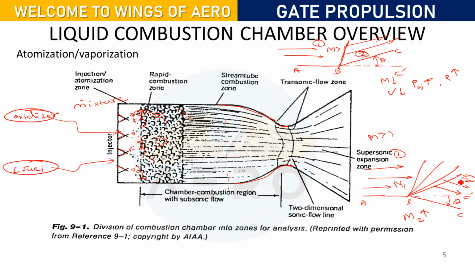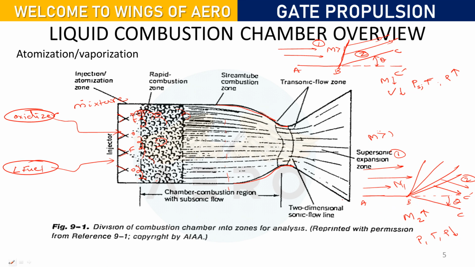That means across the expansion wave the Mach number increases, so the pressure, temperature and density will fall, right? It's all because of this shape.